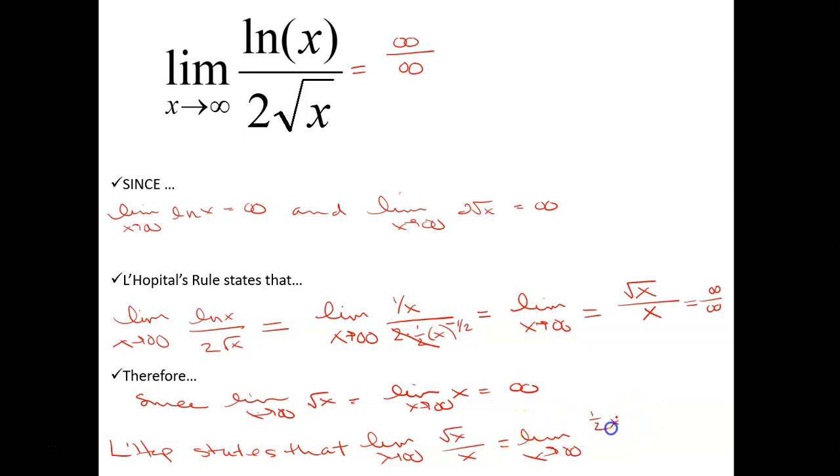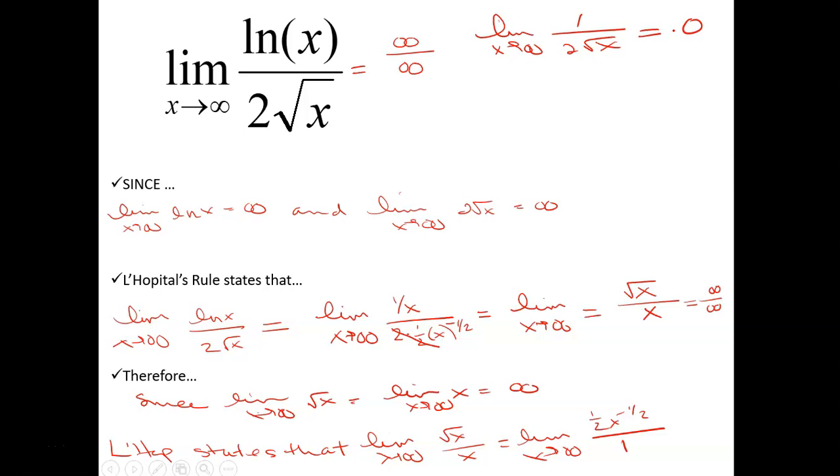So 1/2 x to the -1/2 over 1. I'm going to pop up here, because that's going to simplify out a little bit too. That's going to simplify out to 1 over 2 root x. And now when we put an infinity in, we get 0.